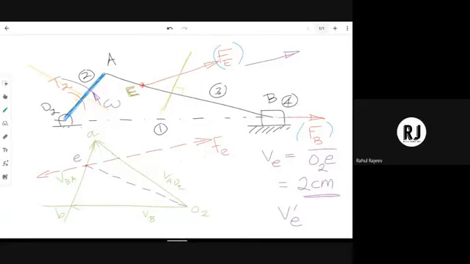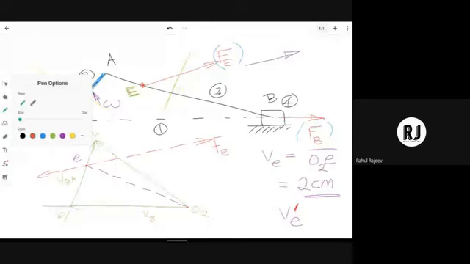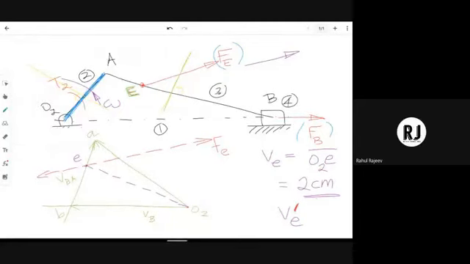Now we have to find out V dash E. V dash E is the component which is acting parallel to this line of action, or along this line of action. In order to find that component, what we have to do is, from the fixed point O2, draw a line segment which is perpendicular to this drawn parallel line of FE.